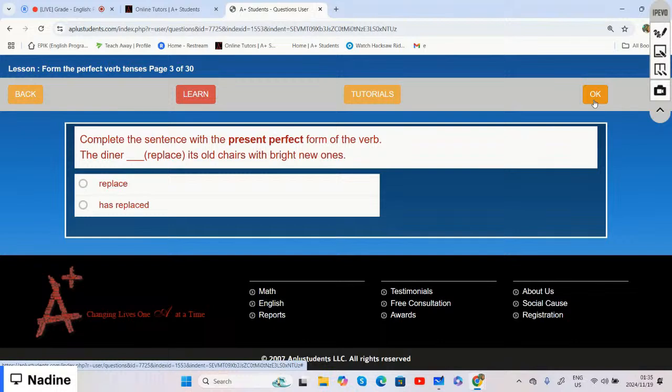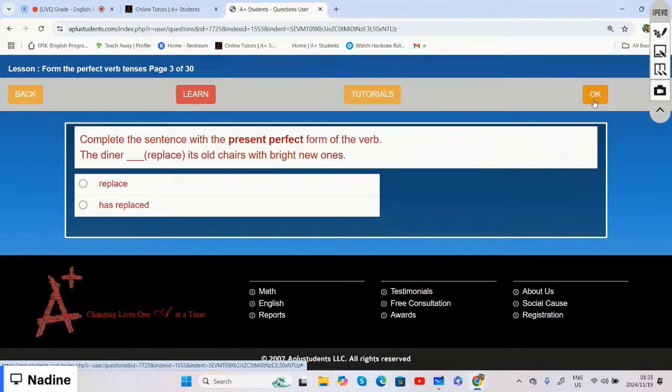It says the diner. Do we say the diner replaced the old chairs with bright new ones? Or do we say the diner has replaced the old chairs with bright new ones?